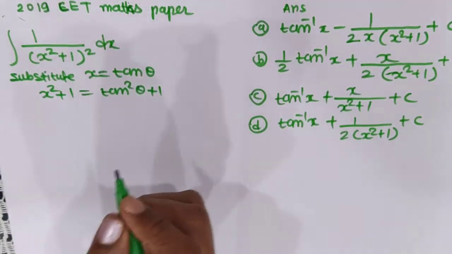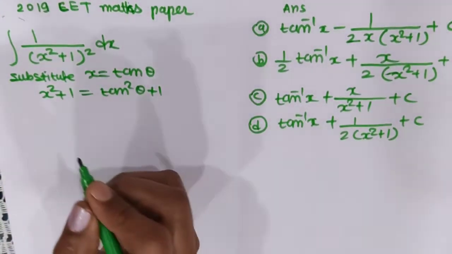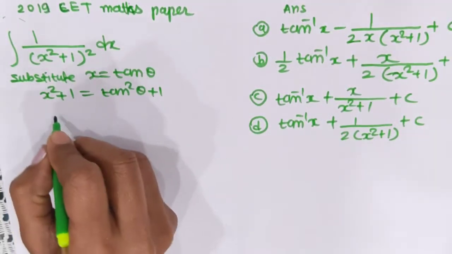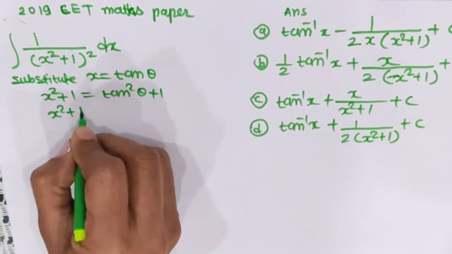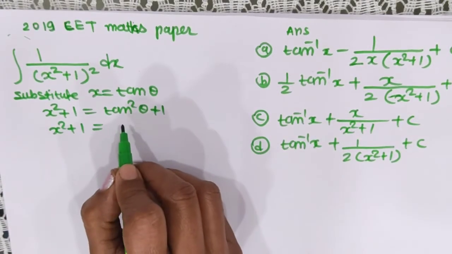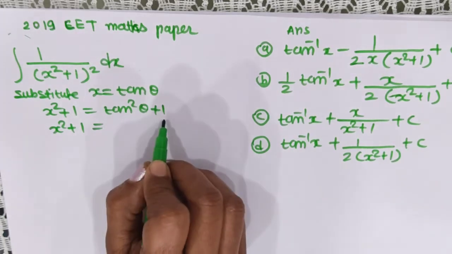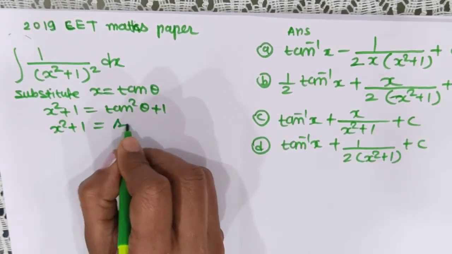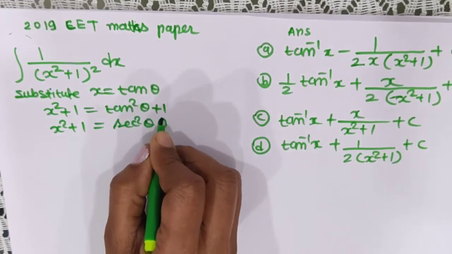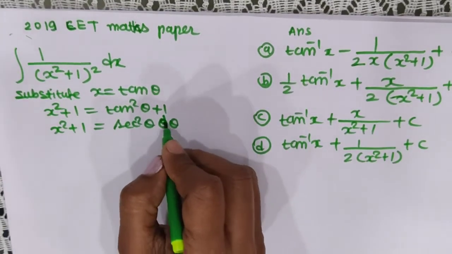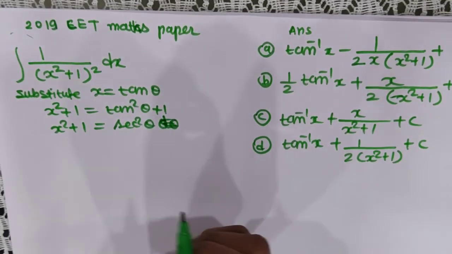We want this in a simple form, and according to the formula, tan square theta plus 1 is sec square theta.